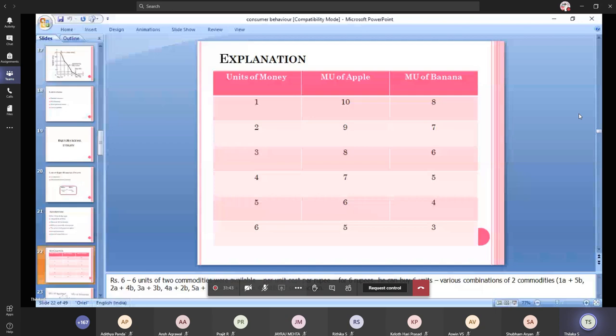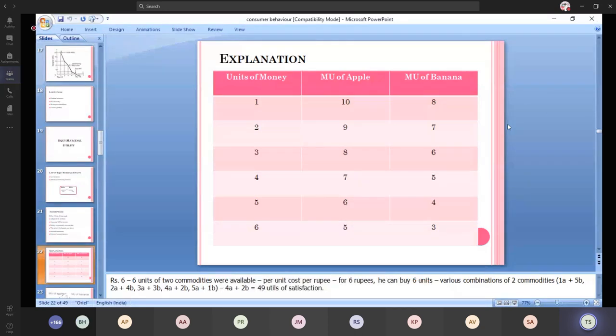According to our example, in that table, the consumer has 6 units of money in his hand, and each unit of commodity A and B costs one unit of money. We can take it as a rupee. If he spends a single rupee, he can buy either one apple or one banana.